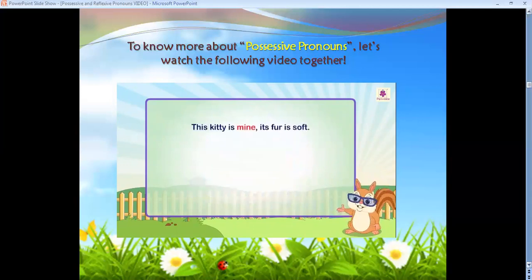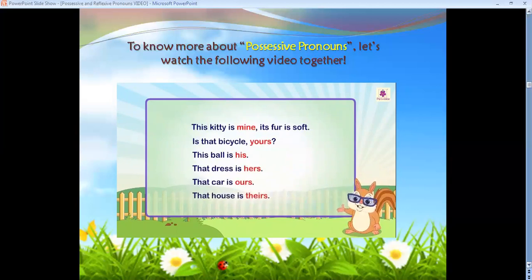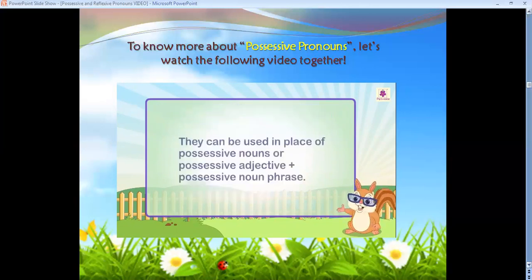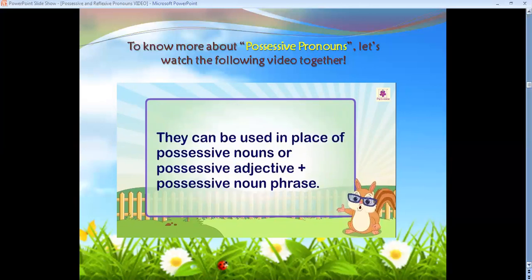The words mine, yours, his, hers, ours, theirs, and its are pronouns that show who or what owns something. These pronouns are called possessive pronouns. They can be used in place of possessive nouns or possessive adjective plus possessive noun phrase.